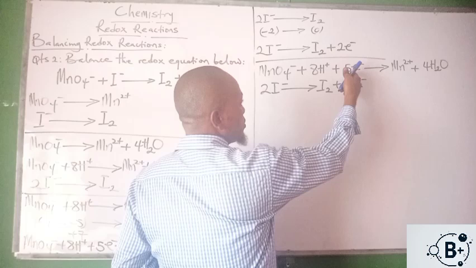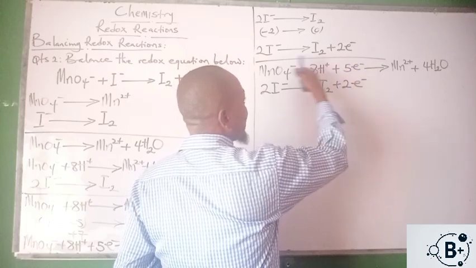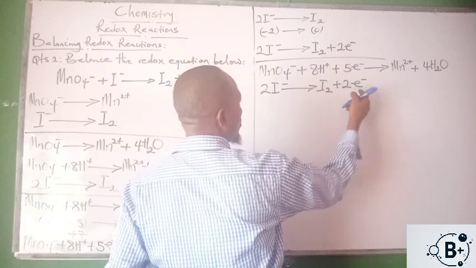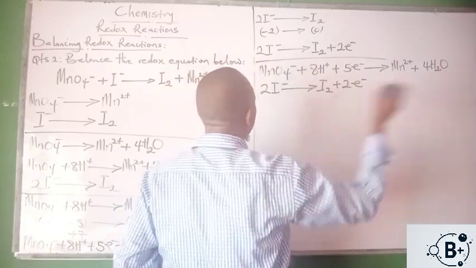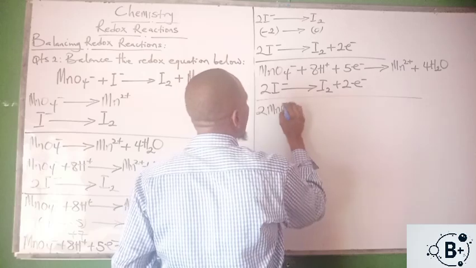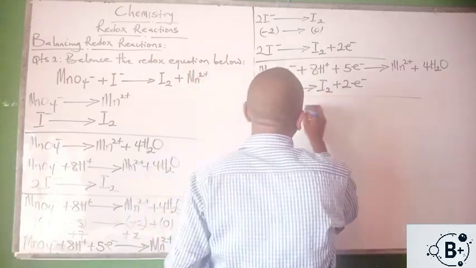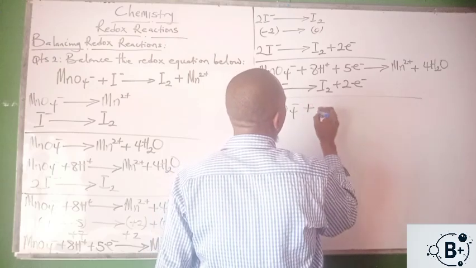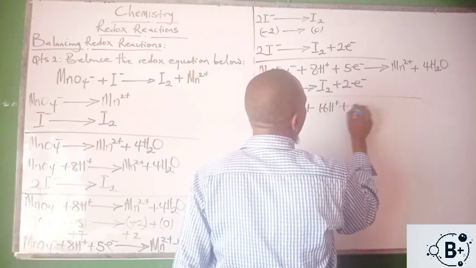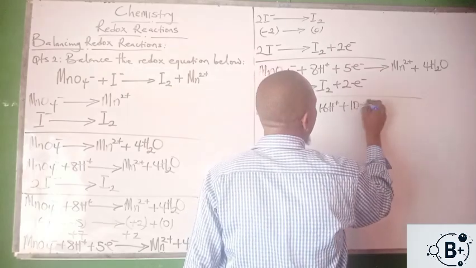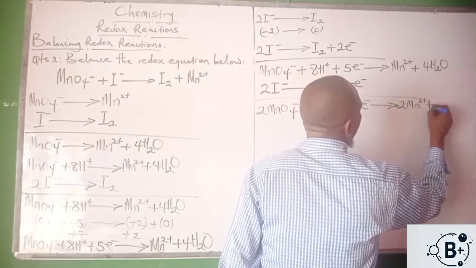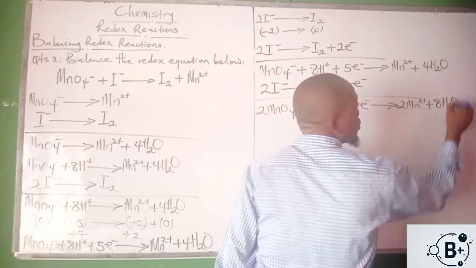We multiply this top side with 2, while we multiply this other side with 5. So let's do that now. So 2 times this one, everything here becomes 2 molecules of this ionic compound plus 16H plus. 2 times this one becomes 10E minus, which gives 2Mn2 plus 8H2O.